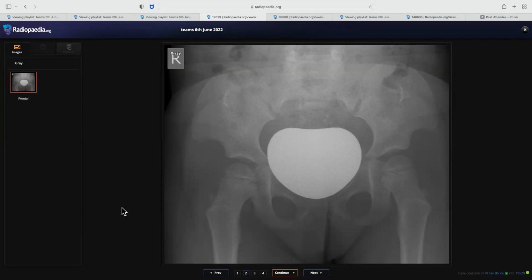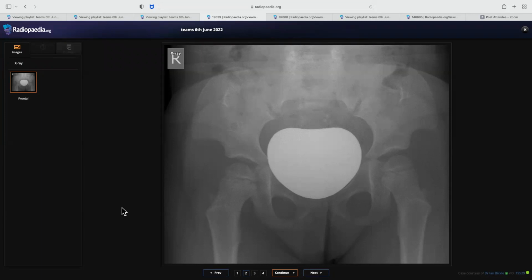Anything else with the iliac bones? Anything which you can correlate? In the same patient we did a knee X-ray and then a pelvis X-ray.